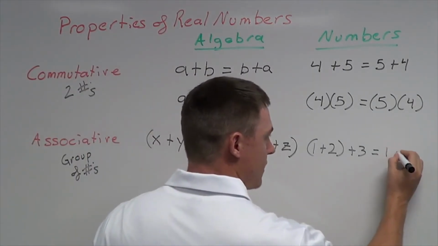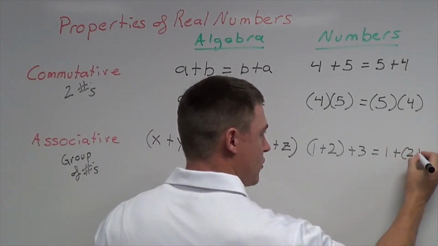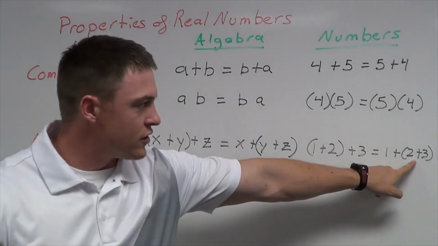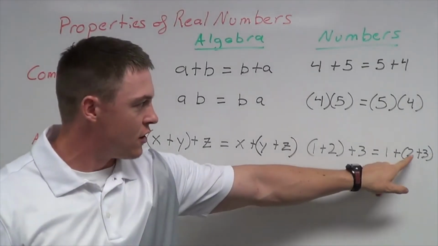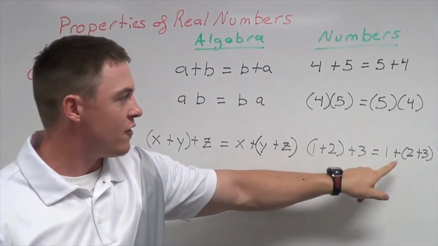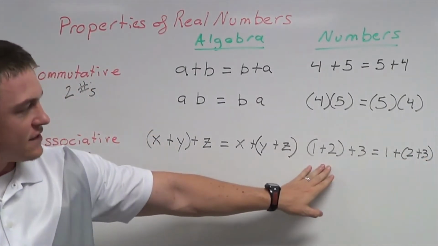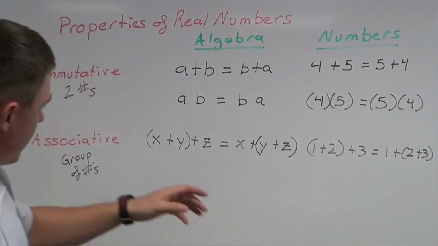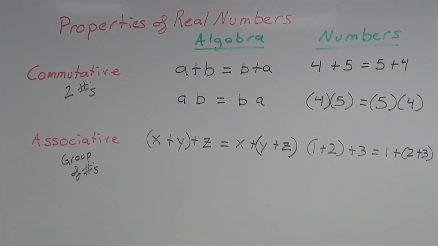So I have 1 plus 2 plus 3. Now 2 plus 3, parentheses, do that first. 2 plus 3 is 5. 5 plus 1 is 6. Left side was 6, the right side is 6. So we can see with numbers that this associative property holds true. It doesn't matter what order I add these groups of numbers in. So that is the associative property of addition.